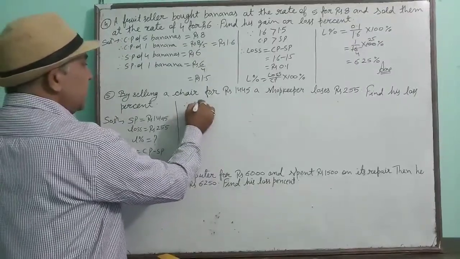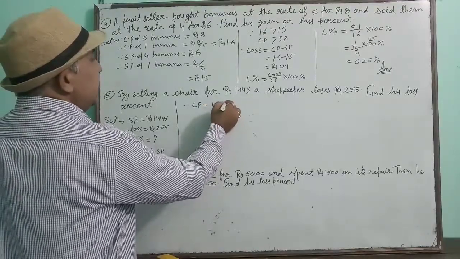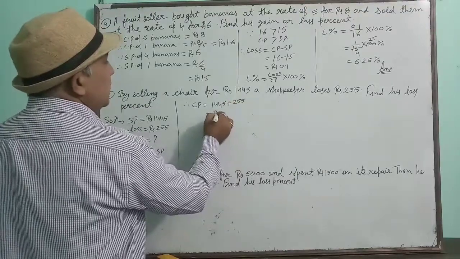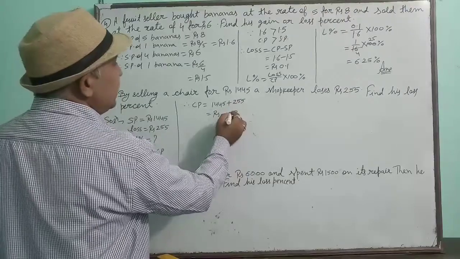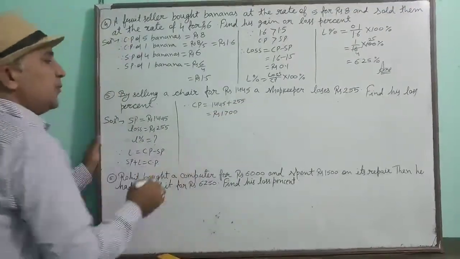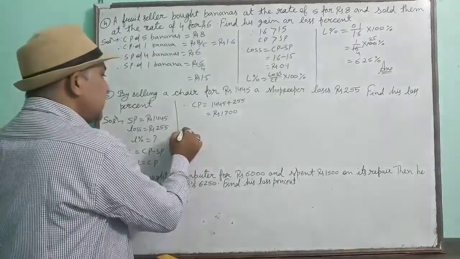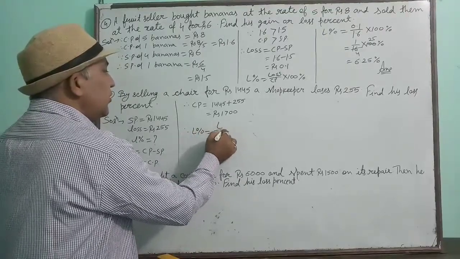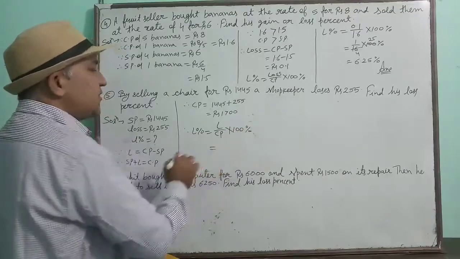That means cost price is equal to selling price plus loss. By adding these two, we get rupees 1700 as the cost price. Therefore, loss percent is equal to loss upon CP into 100%.